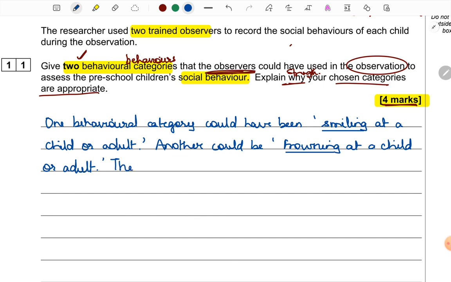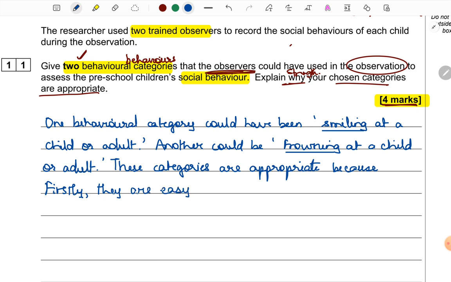these categories are appropriate because firstly, they are easy for direct observation.